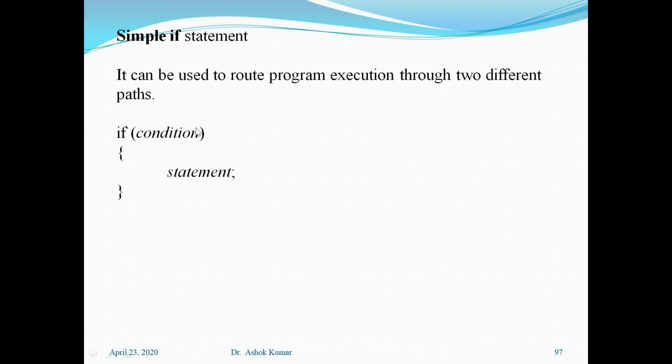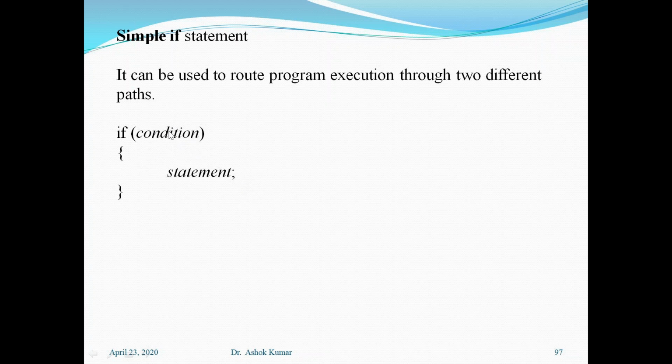As we discussed earlier, if you write any condition, the condition evaluates to either true or false. So if works on the Boolean outcome of this condition. If this condition evaluates to true, then only the statements within the braces of the if body are executed.